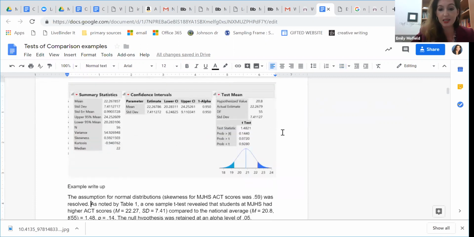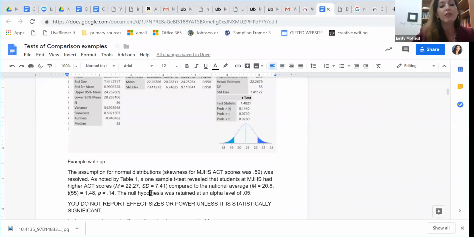When I write this up, this is what I think the tricky part is for everybody. What do I actually write? Especially in your homework for this course, you have to spell out the skewness that you find, and kurtosis if that's even necessary. So you would write up that skewness was 0.59, which I got right here, and that assumption was resolved. Then you're probably going to write a little narrative.